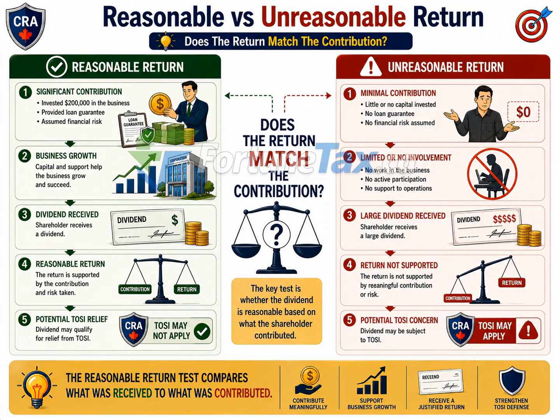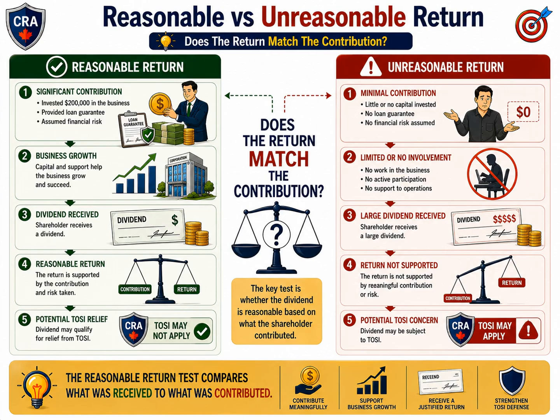This slide compares two very different situations. On the left side, we have an example of a potentially reasonable return. In this scenario, the shareholder has made meaningful contributions to the business. They may have invested significant capital, provided loan guarantees, assumed financial risk, or contributed resources that helped the business grow and succeed.